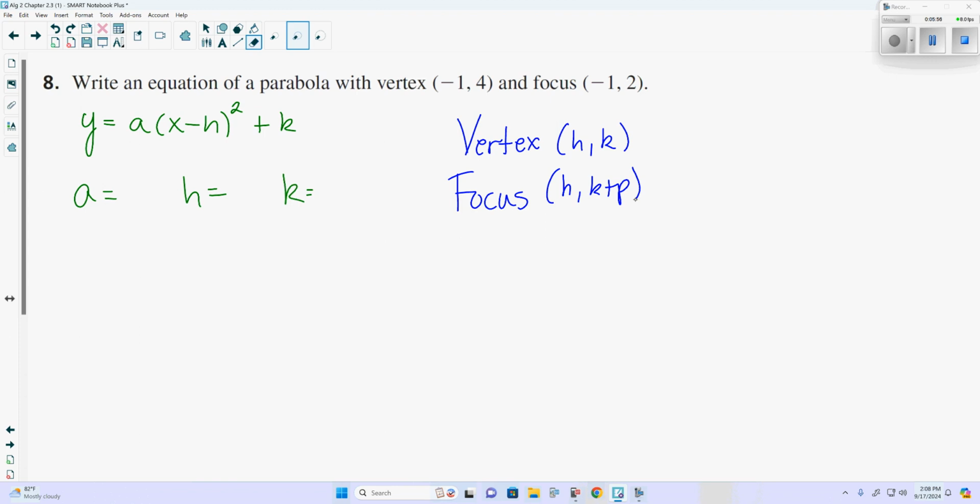So again, I would keep referring back to the general forms. What are they matching up to? Because here it was given to us our vertex is negative 1, 4. Our focus is negative 1, 2. So it told us the value of h. What is h? Negative 1. K is 4.